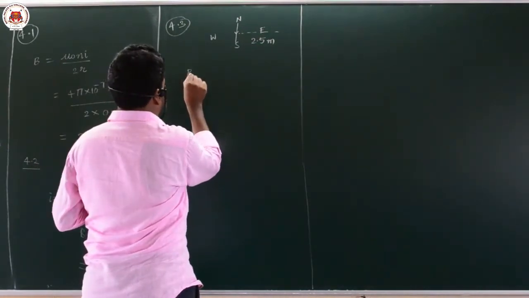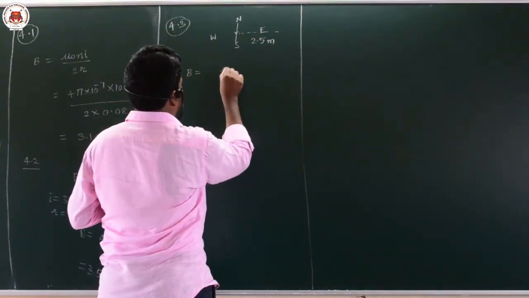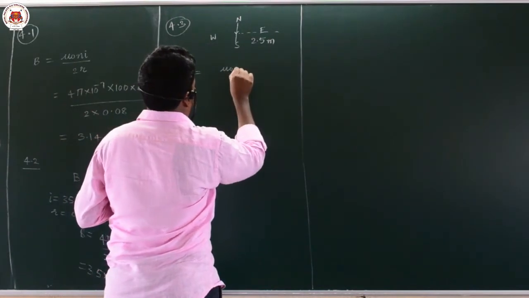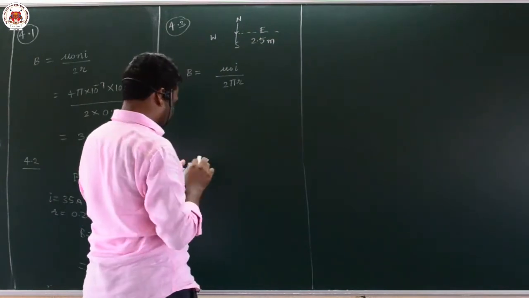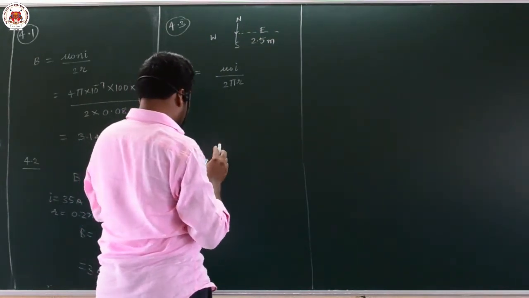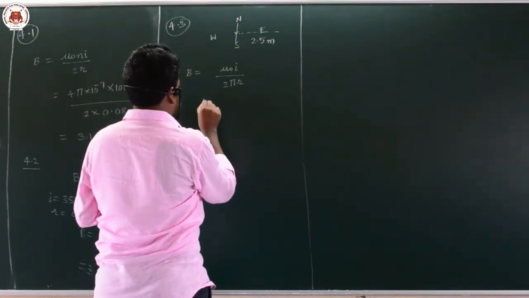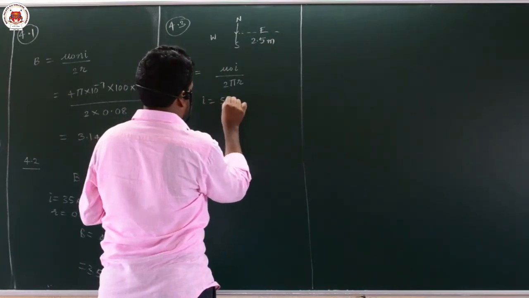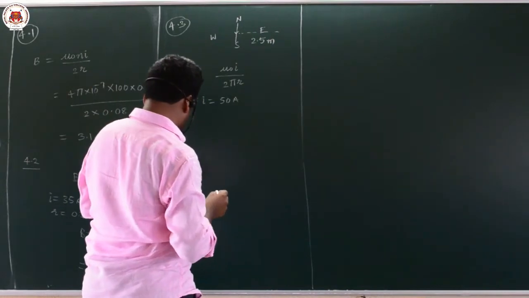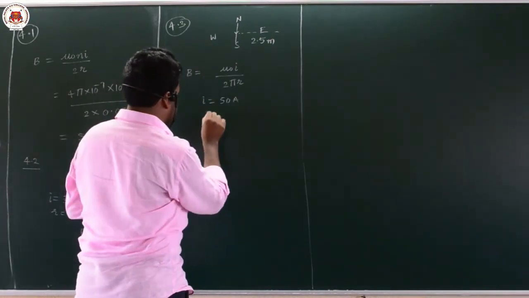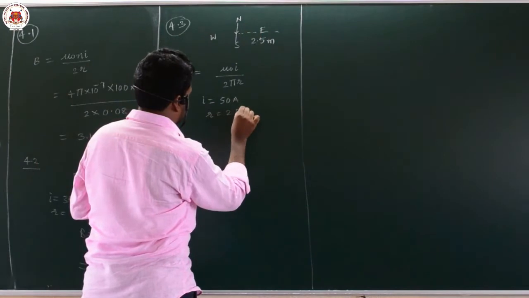So the magnitude of magnetic field is mu naught I by 2 pi r. Just substitute and you will get the answer. Current is given as 50 amperes, and r is given as 2.5 meters.